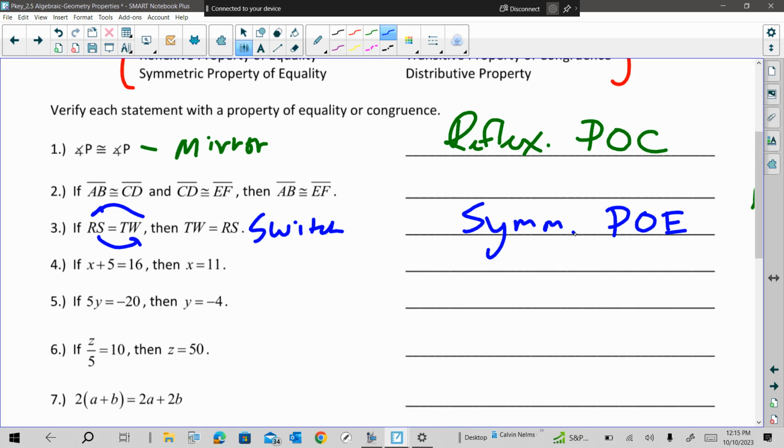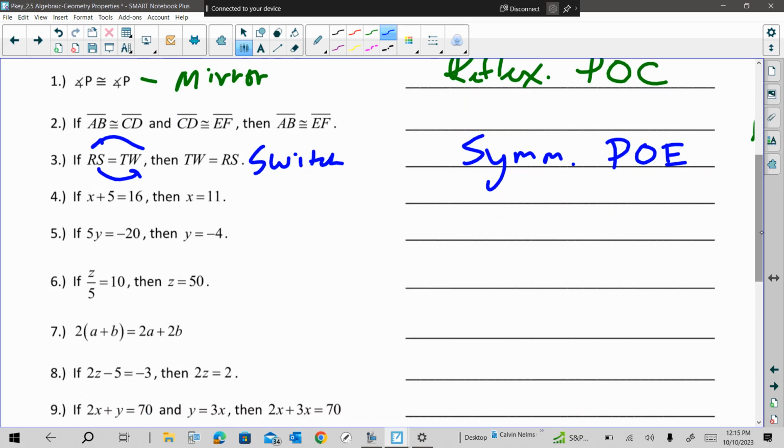Now, if it's an equation where they're solving for a variable, to help you determine the property, think of what step you had to take to solve it. So if x plus 5 equals 16, what would I have to do to solve for x or isolate the x?